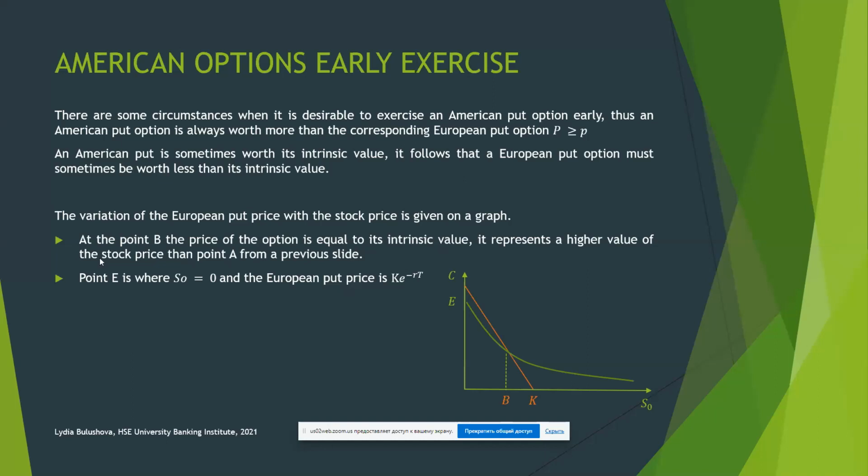Put-call parity was derived from lower and upper boundaries of option prices, and in fact, European options and American options have their lower and upper price boundaries. An American option is always more expensive than a European option because it offers a wider range of exercise dates and is more flexible.